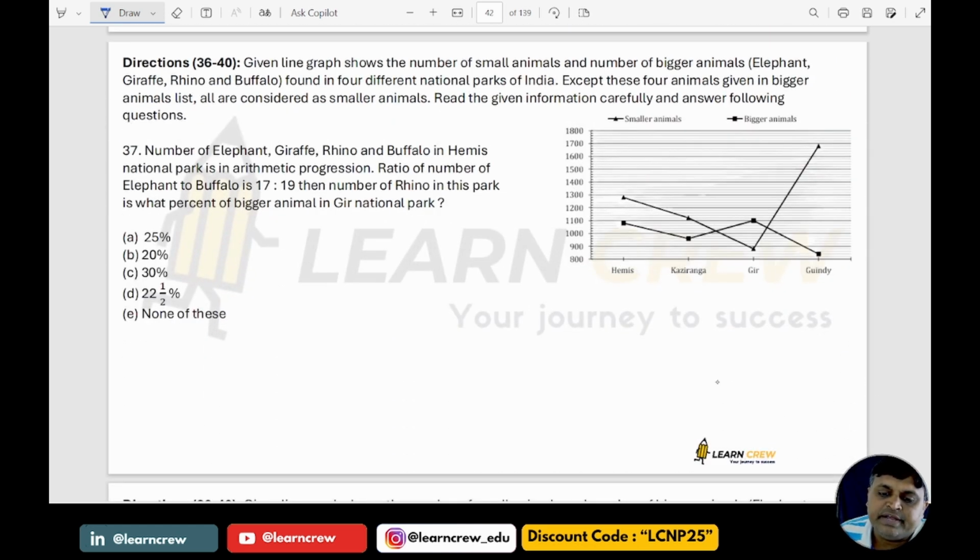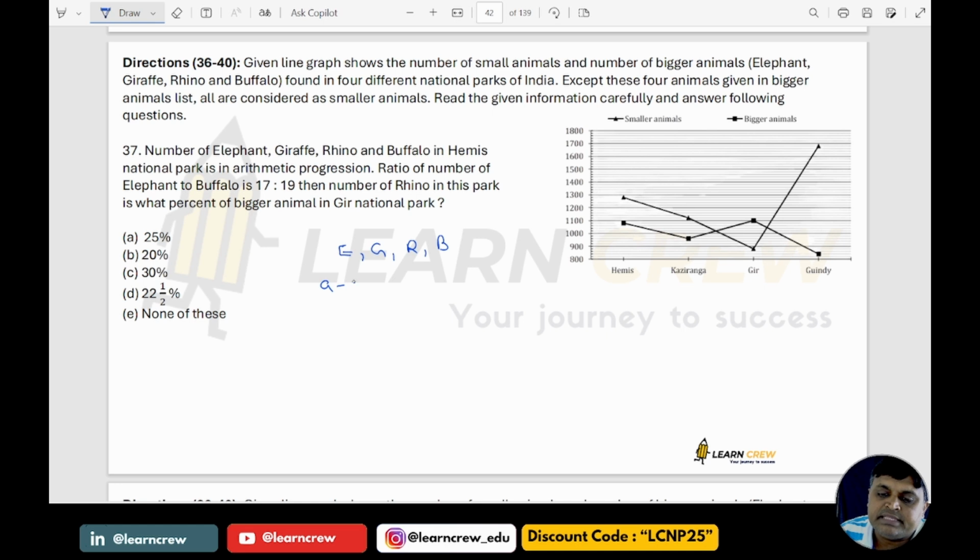The number of elephants, giraffes, rhino and buffalo in Hemis Park is in arithmetic progression. The ratio of the number of elephants to buffalo is 17:19. Then find the number of rhino in this park is what percentage of bigger animals of Gir National Park. So elephant, giraffe, rhino and buffalo are in arithmetic progression.